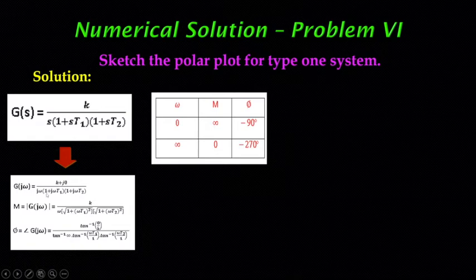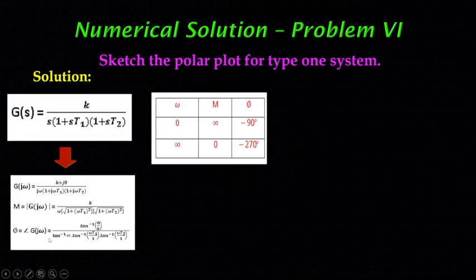when omega equal to put 0, then magnitude is infinity. And then when omega equal to put infinity, then this magnitude is 0. Similarly, when omega equal to put 0, then find phase angle.